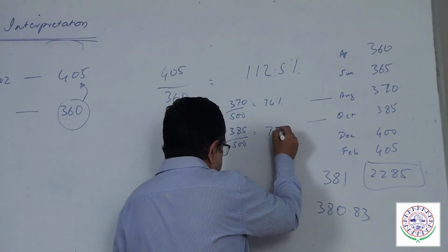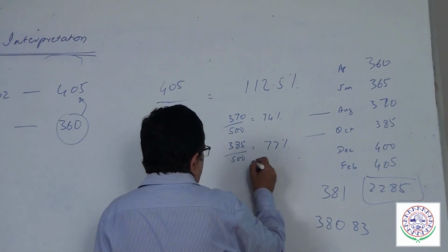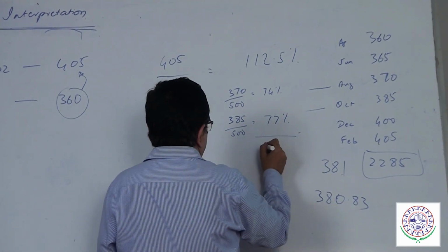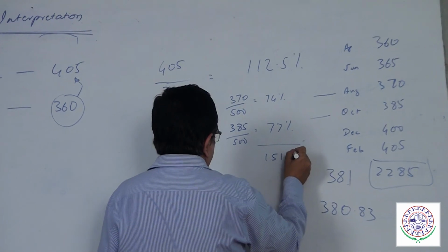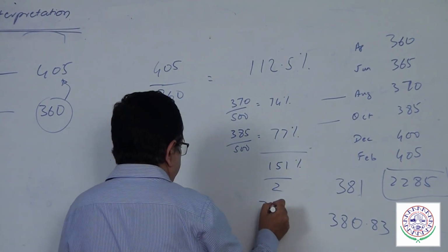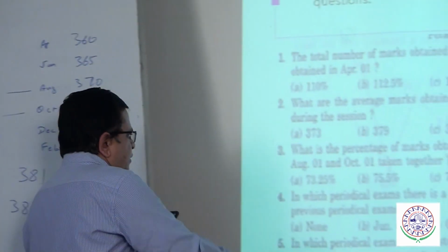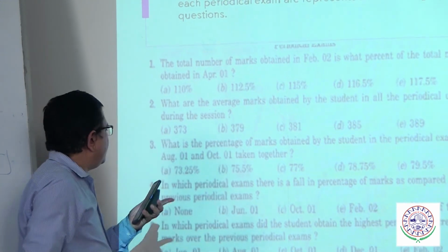That is 77%. You add up both of these, that becomes 151 divided by 2. So that is 75.5%. What is the answer? The answer is B, 75.5%.